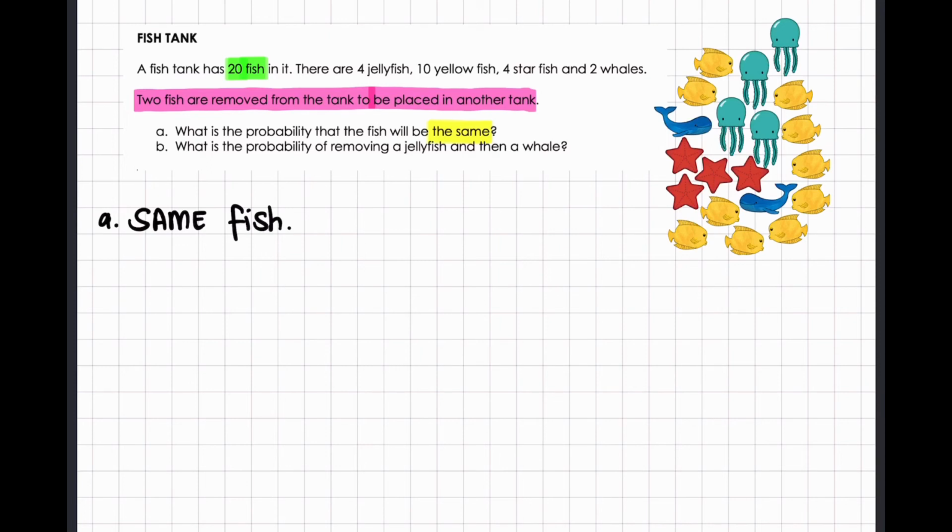there are a few different ways or a few different probabilities that will fit this condition. All right? Conditional probability. Because both fish could be jellyfish, or both fish could be starfish, or both fish could be whales, etc. So now we have multiple different ways that could satisfy this.